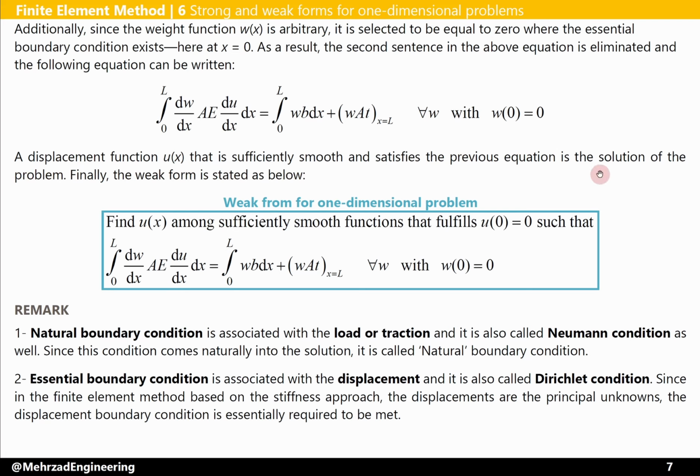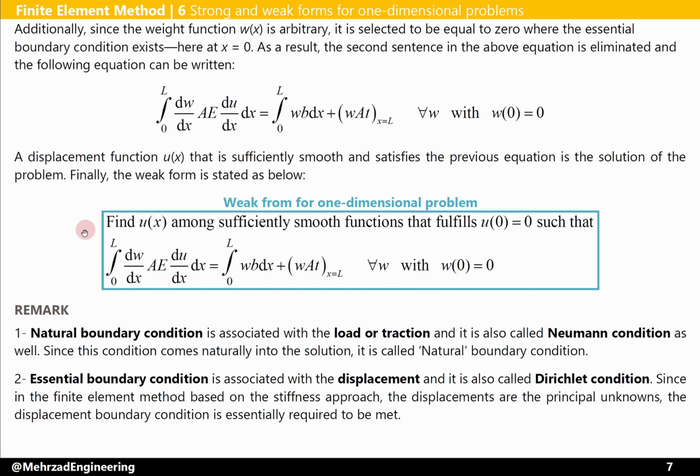Finally, the weak form can be stated as: find u of x among sufficiently smooth functions that fulfill u is equal to 0, where we have the essential boundary condition for this problem at x is equal to 0, such that this equation is fulfilled for all w, or arbitrary weight functions, with w is equal to 0 at x is equal to 0, or we can say where we have the essential boundary condition.